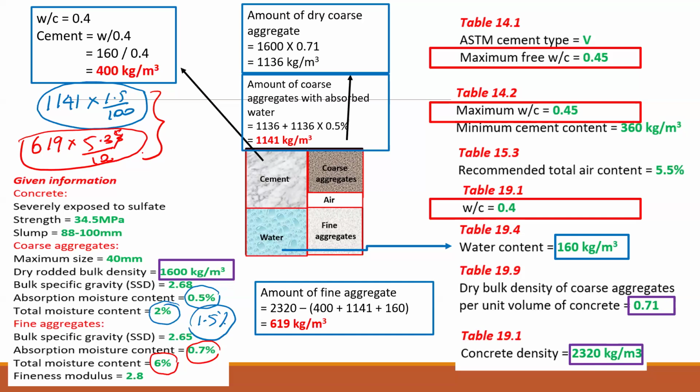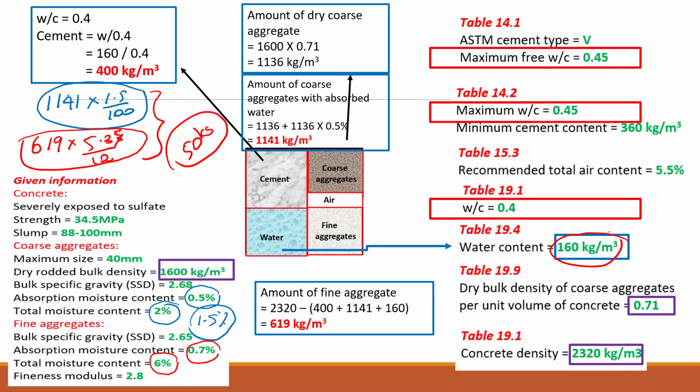Yes, so altogether 50 kilograms of water is coming with aggregates. Am I right? Now tell me, if we have that 50 already coming with aggregates and 160 additionally adding, what will happen? Do we have the right amount of water or excess water? Excess water. So 50 kilograms of water is excess if we add 160.